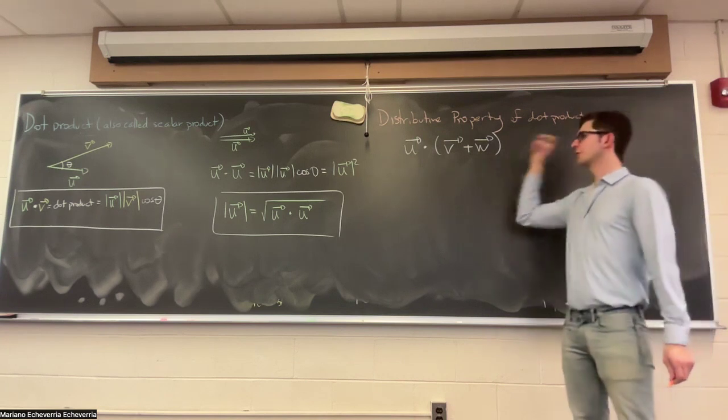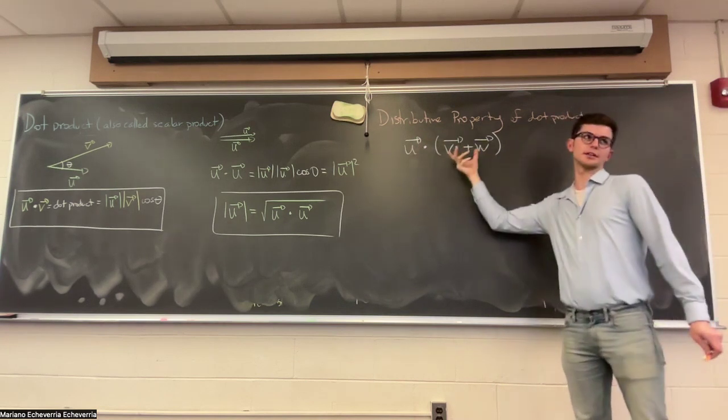So here, what does that mean? I'm trying to take the dot product between a vector and a sum of two vectors.